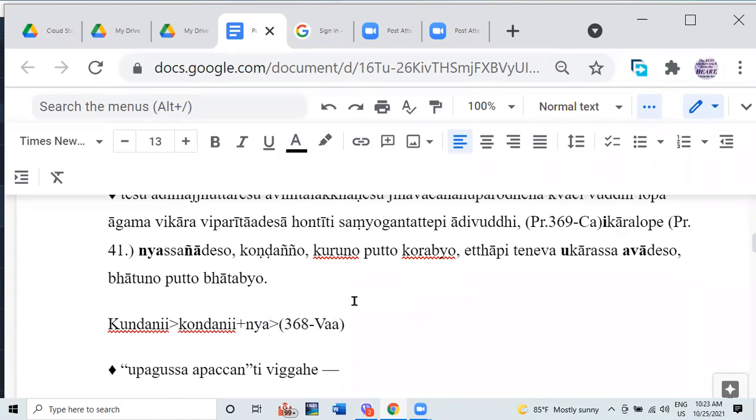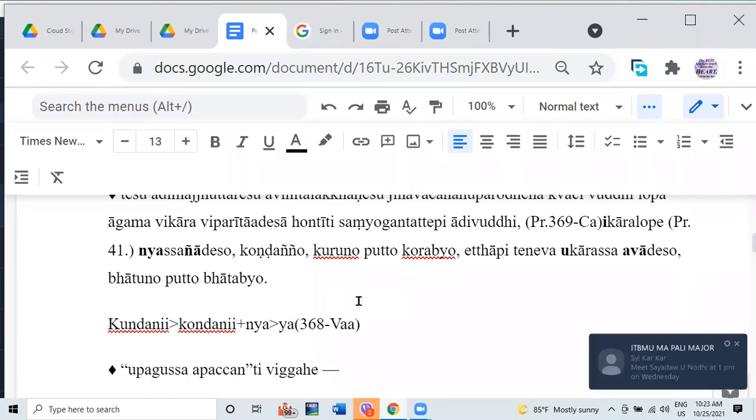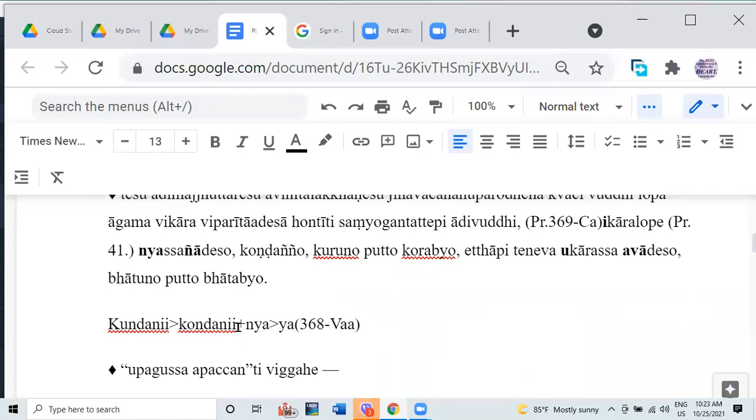And then because of ya space, by 369, E of Kondani should be Kondani. Here it says Ikara Lopo, it says only E. Ikara Lopi or Ikara Lopi, Kondani or Kondani. I think Kondani.